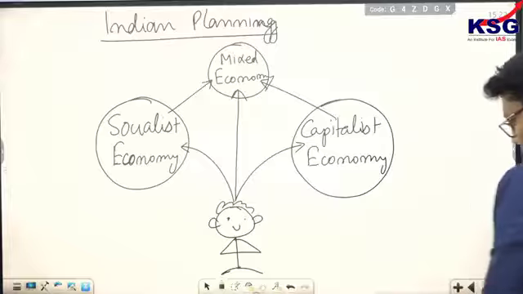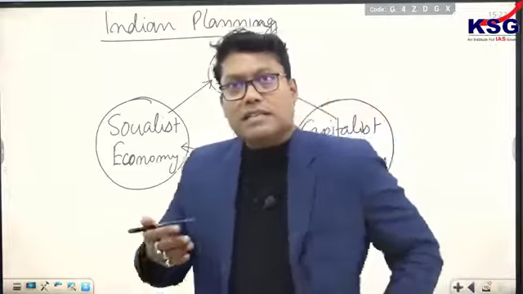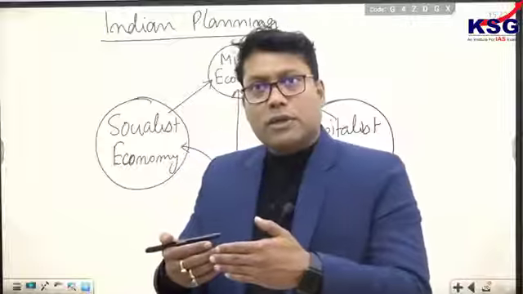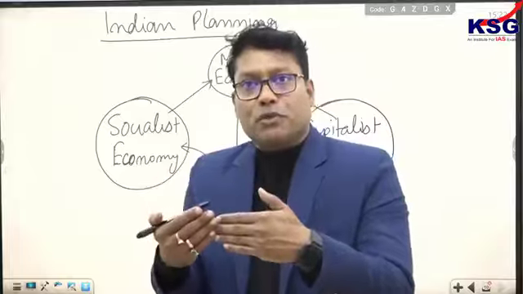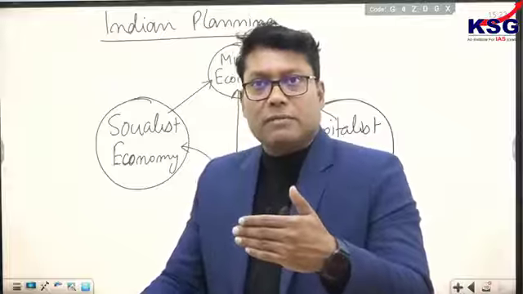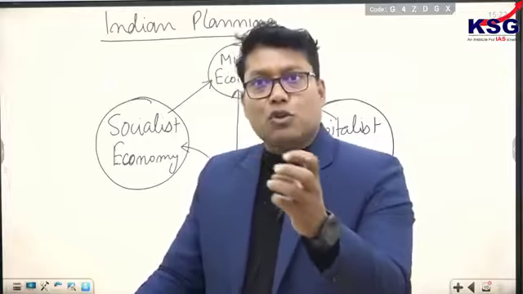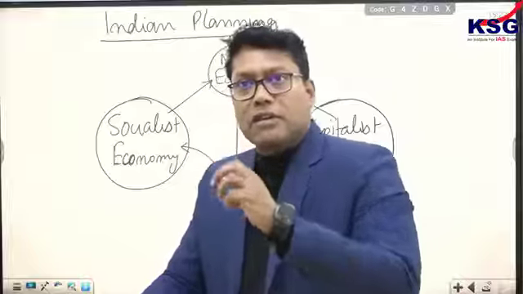And you have to choose the sectors to develop on the basis of priority. Okay, first these few sectors I will develop. Next I will go to develop these sectors, then that sector, then the overall economy we can develop.